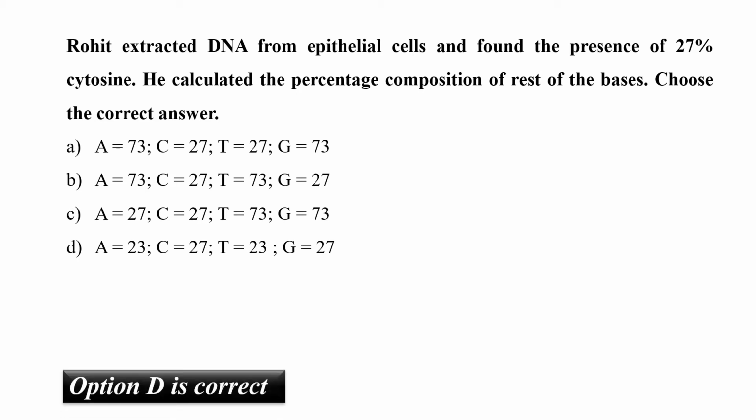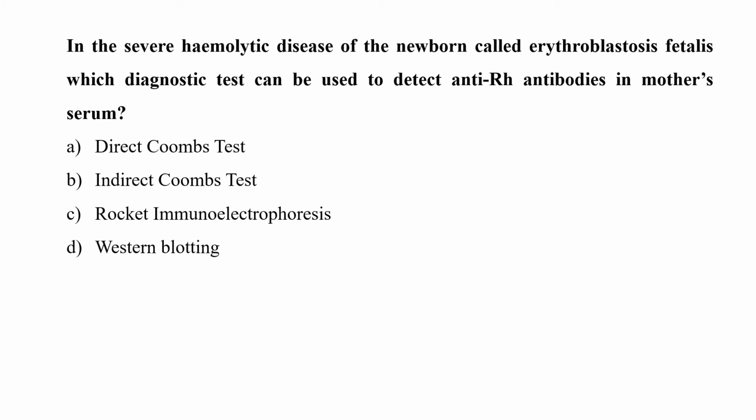answer for this question. Next, in the severe hemolytic disease of the newborn called erythroblastosis fetalis, which diagnostic test can be used to detect anti-Rh antibodies in the mother's serum? In the given options, the indirect Coombs test is done on the sample of the liquid part of the blood, which is serum. The indirect Coombs test finds anti-D antibodies in the mother's serum.